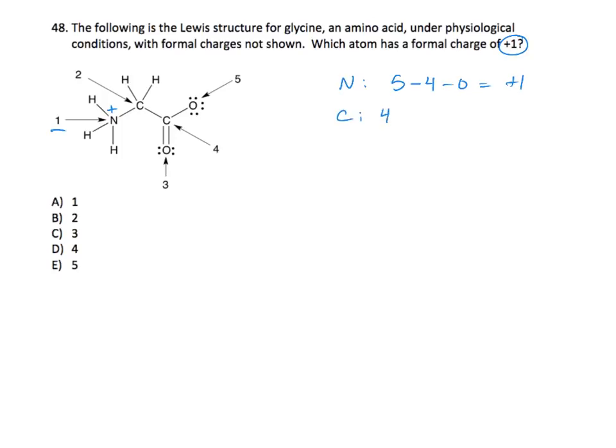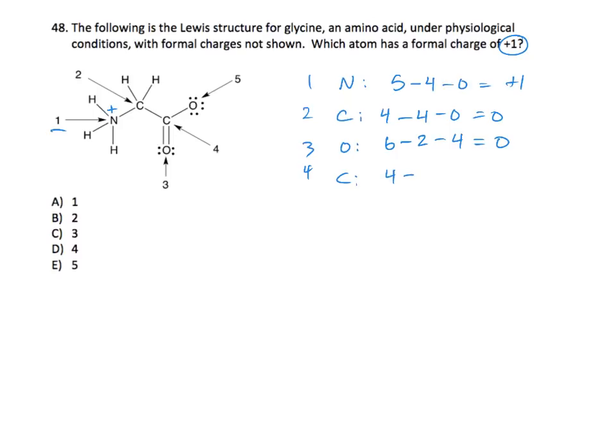Carbon 2 is 4 valence electrons minus 4 bonds, minus 0, which is 0. Atom 3 is oxygen, and it has 6 valence electrons. It's making 2 bonds, and it has 4 unshared electrons, which gives it 0. And the last one is 5. Did I skip one? Yes, 4 is a carbon. Carbon is 4 valence electrons.